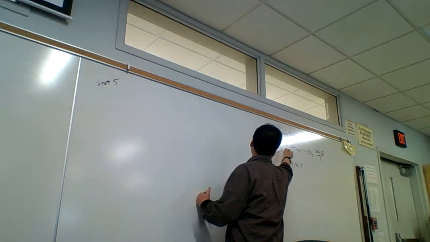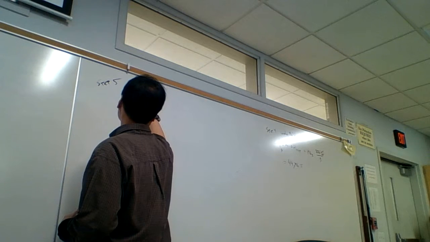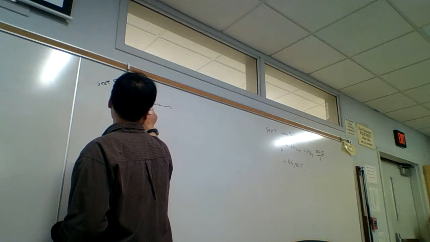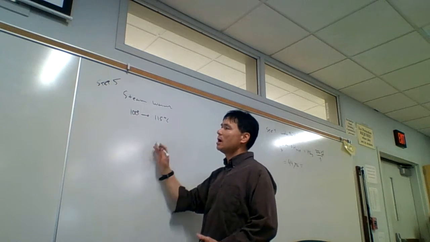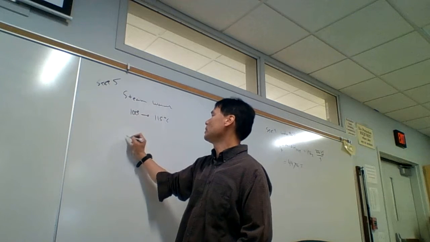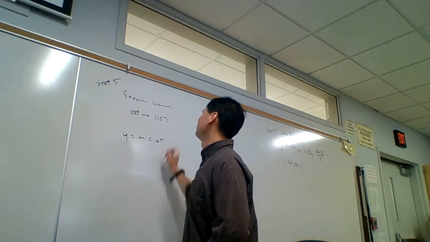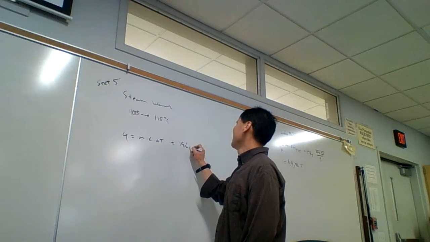Step 5 is steam warms. The steam is going to warm from 100 degrees C to 115 degrees C. So it's an object warming. Steam would be the object. And so we're going to use Q is equal to mc delta T. The amount is the same, 19.6 grams.